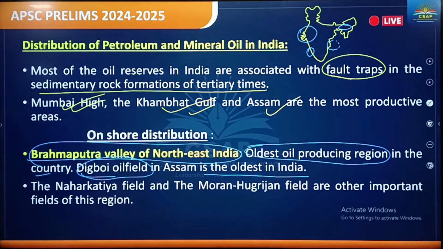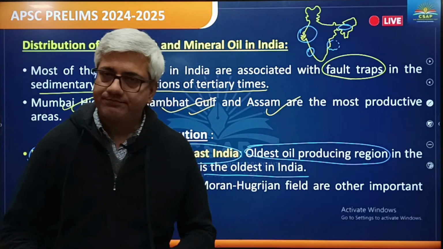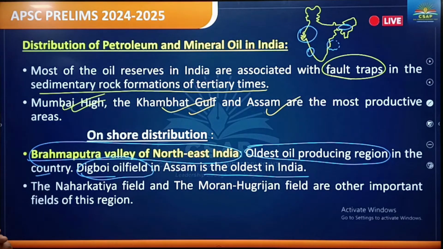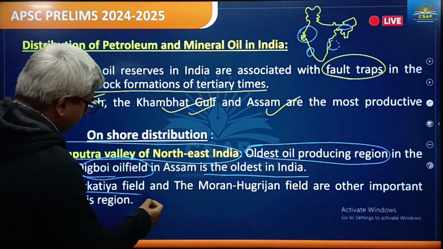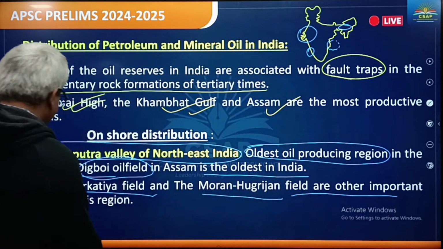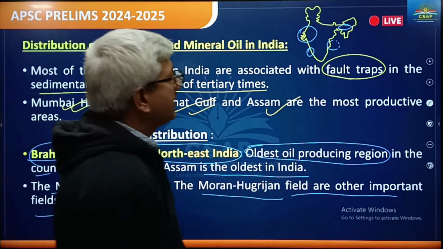Oldest in India, or second oldest in the world after the US, after the San Francisco oil fields. The Naharkotia field, the Moran, Hugrijan field, and other important fields of this region are quite important.